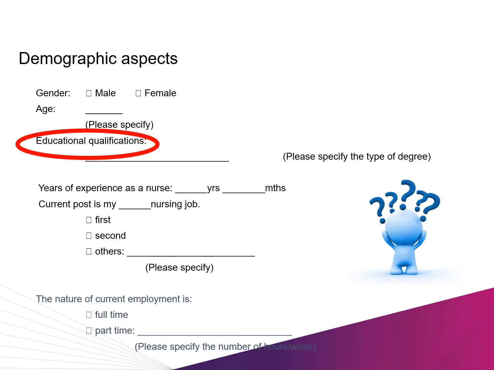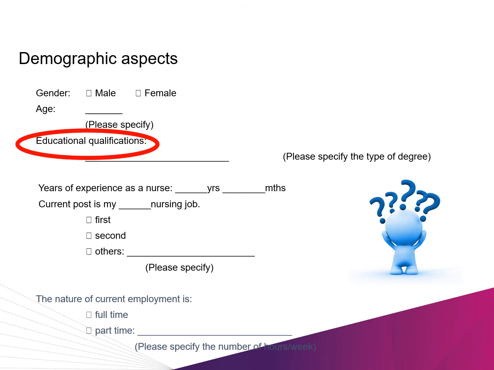However, educational qualifications written in this way is an example of a very bad question, because people never respond to this properly or in a way that is very useful to you.